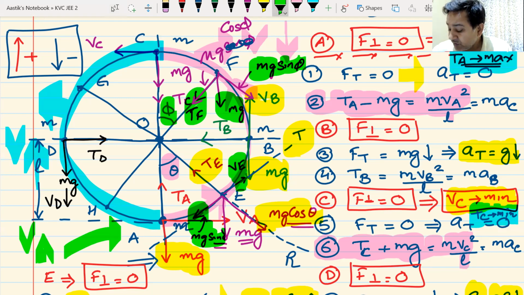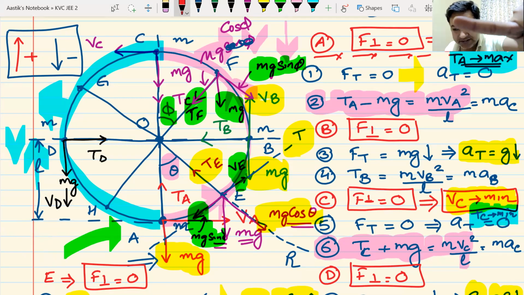So basically, the motion of this body depends on one thing and one thing only. And what is that thing? What is that quantity on which the motion of this entire path depends? Don't forget that ever in your life.